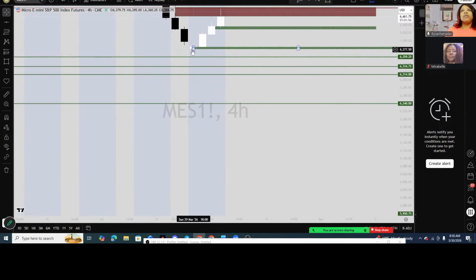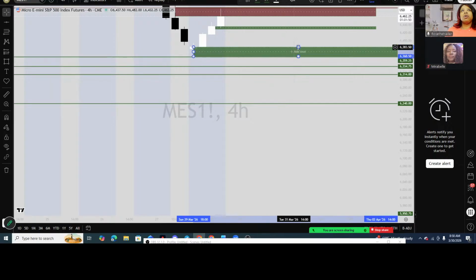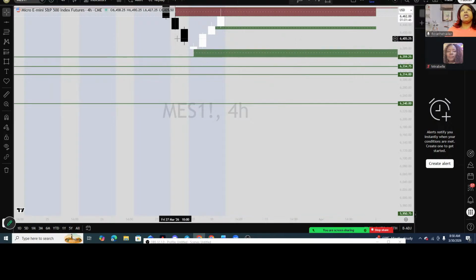And then lastly, you have this other one. You can also just extend it like that. That's a whole area of demand, or maybe we use this one instead. And we can take that to when we get to 1 hour.